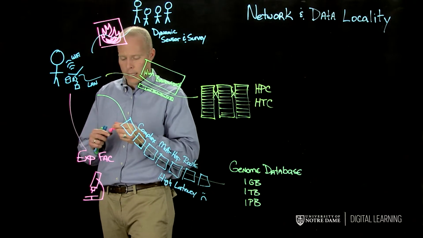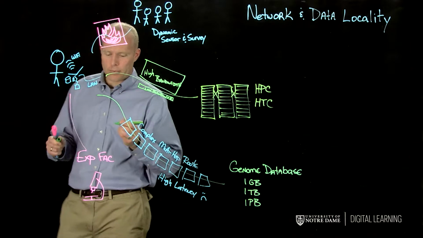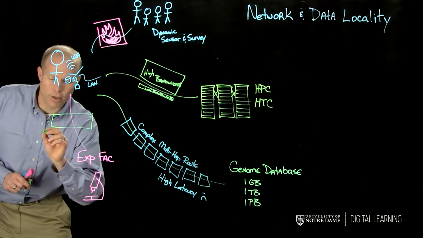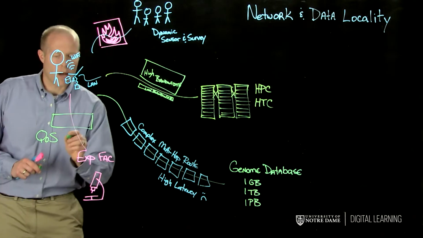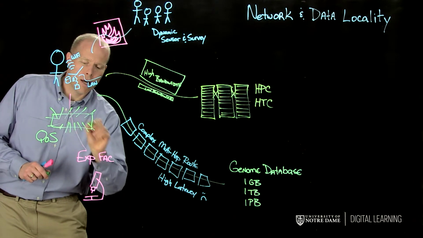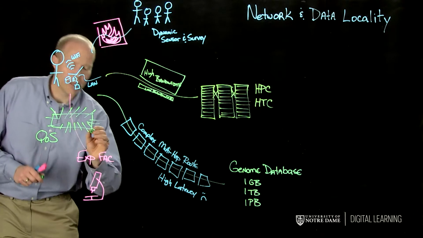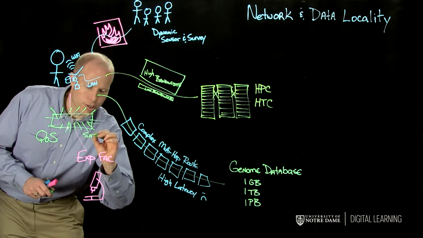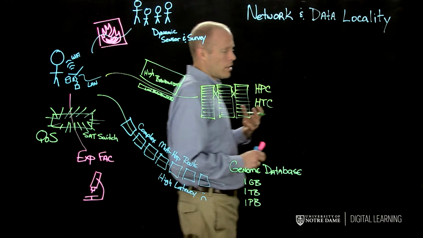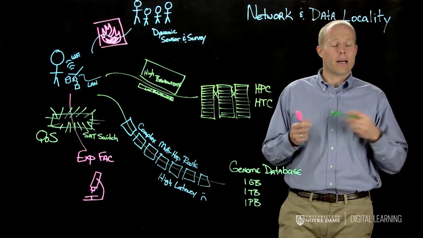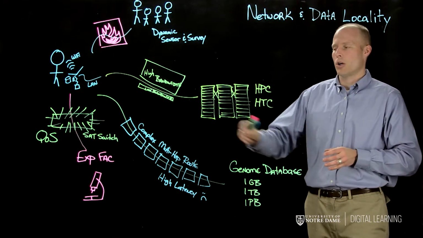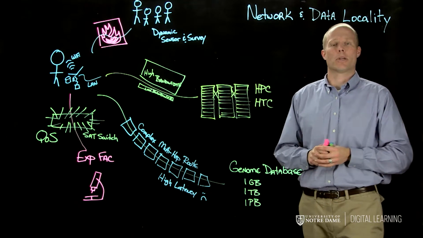And then last, for an example here, for your experimental facility, we need to talk about quality of service in the network. At specific times, if I have a switch in my building and it just happens to get overloaded, a saturated switch, and I don't have any specific quality of service guarantee, a very expensive experiment that maybe only happens for a few hours just happens to occur at the same time everyone else in the building wants to use the network.